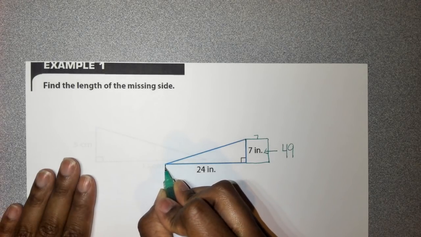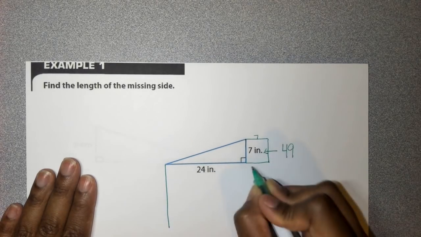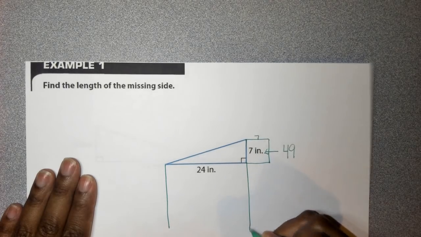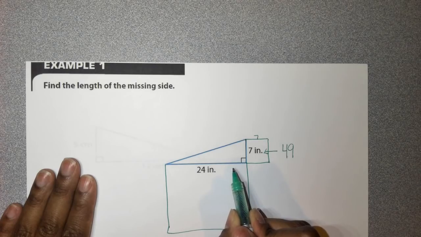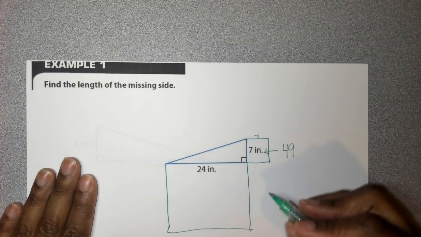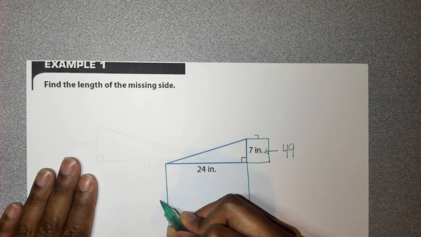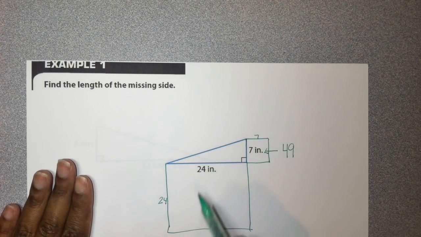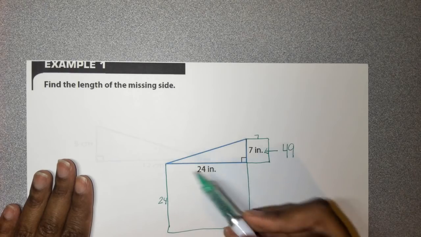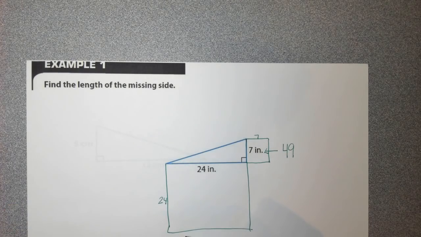We would do the same thing with the second side. So if we had 24 squares going across, we would make 24 squares going down. That means we have 24 rows of 24 squares.